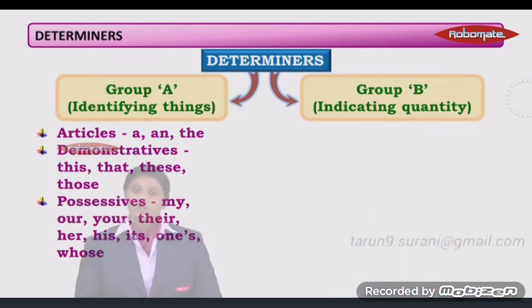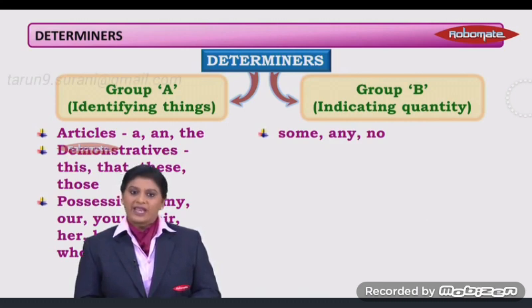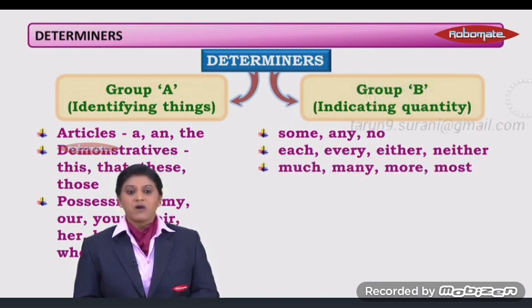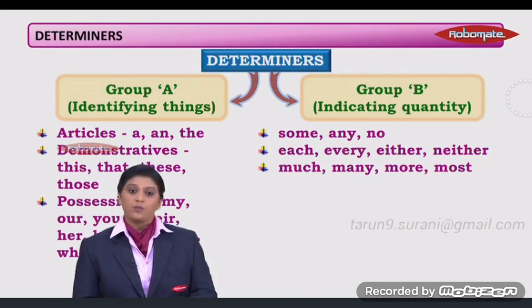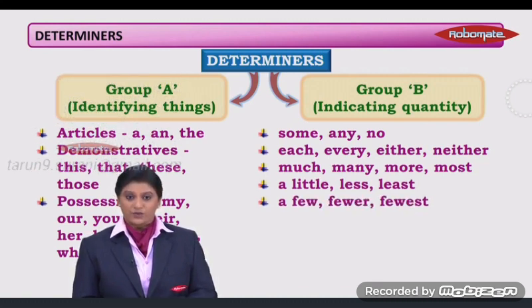Let us now look at Group B determiners. Some, any, no. These are all Group B determiners. Along with that, each, every, either, neither. These too are determiners but in Group B. Much, many, more, most are also Group B determiners. A little, less, least. And a few, fewer, fewest.